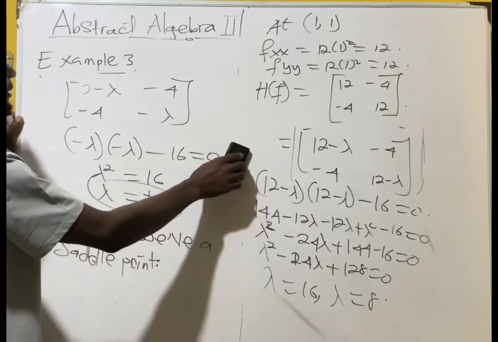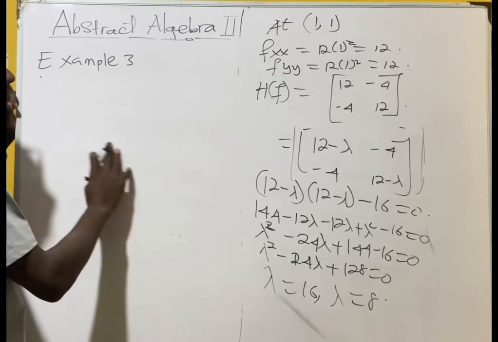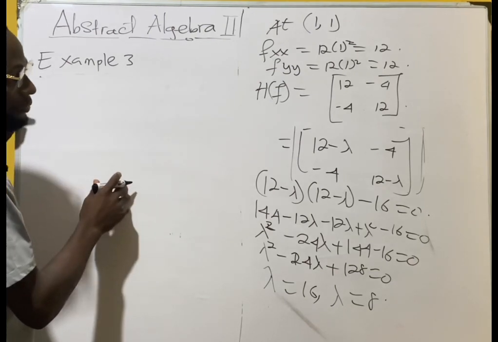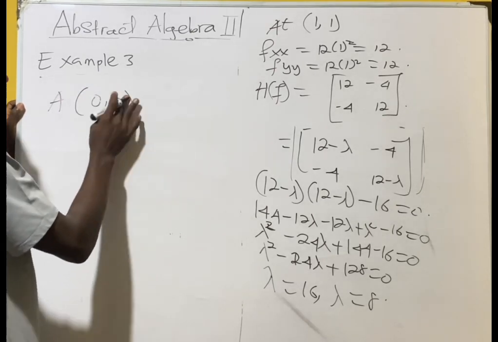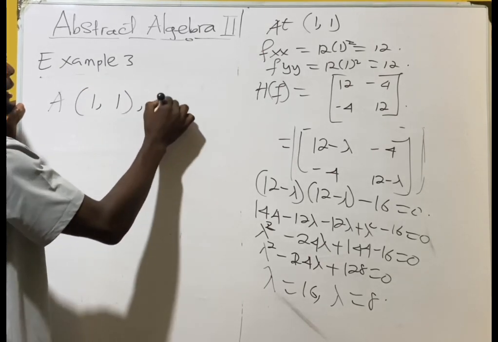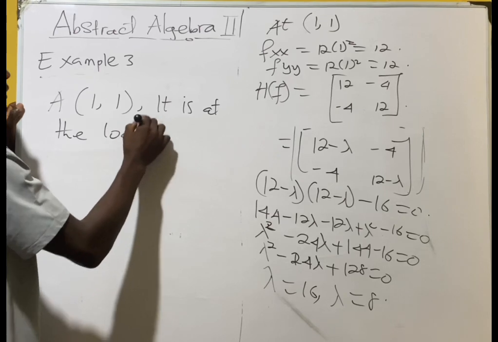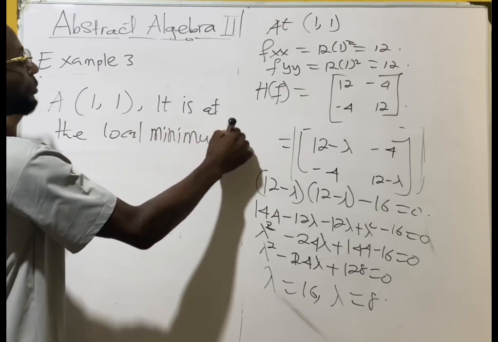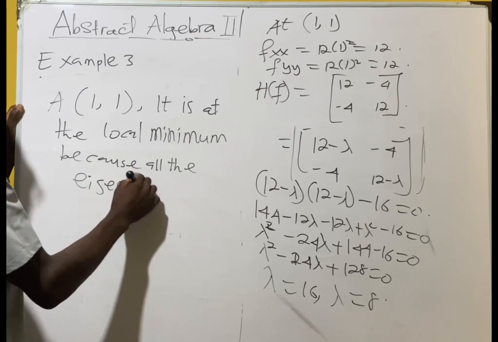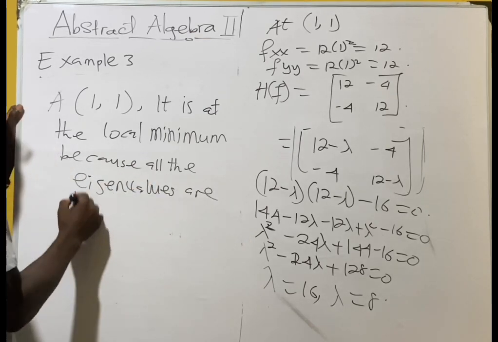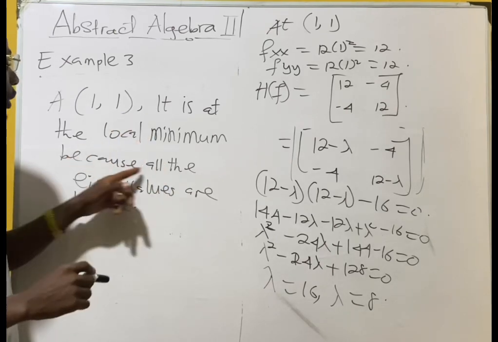So at (1, 1), it is a local minimum because all the eigenvalues are positive.